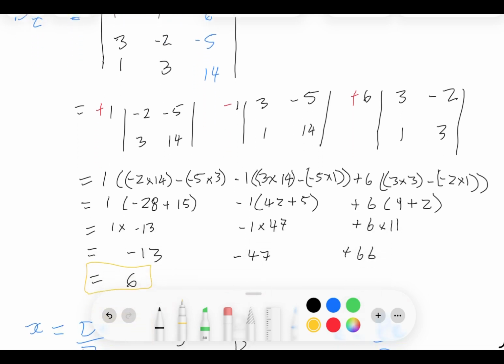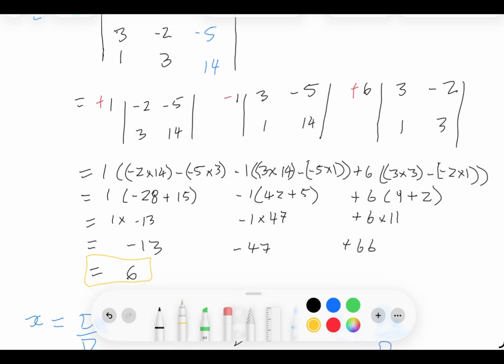So that becomes equal to 1 times in brackets -2 times 14 minus -5 times 3, minus 1 times in brackets 3 times 14 minus -5 times 1, plus 6 times in brackets 3 times 3 minus -2 times 1. That becomes equal to 1 times in brackets -28 plus 15, minus 1 times in brackets 42 plus 5, plus 6 times in brackets 9 plus 2.